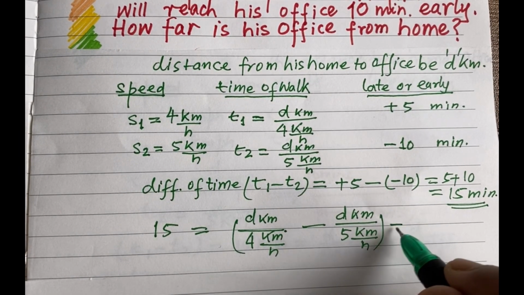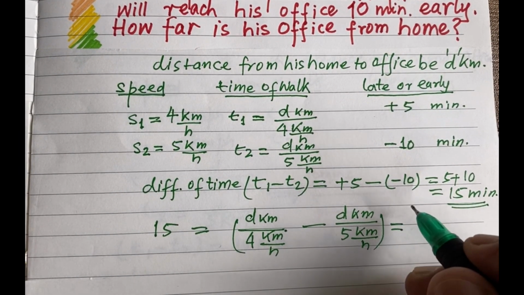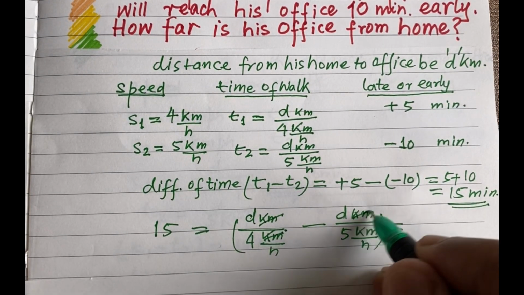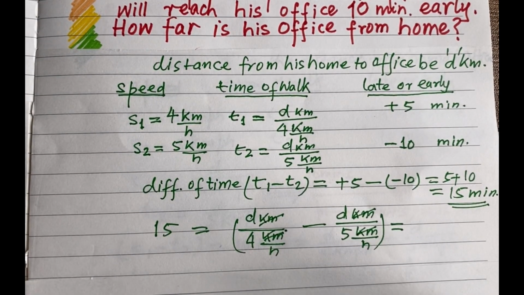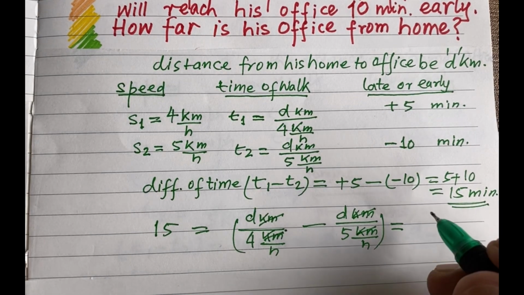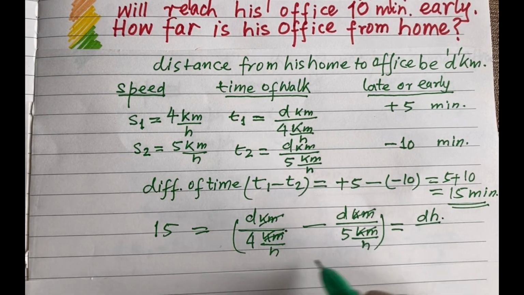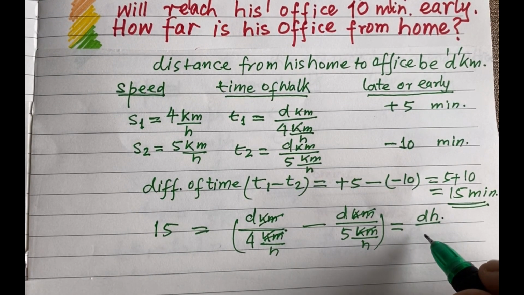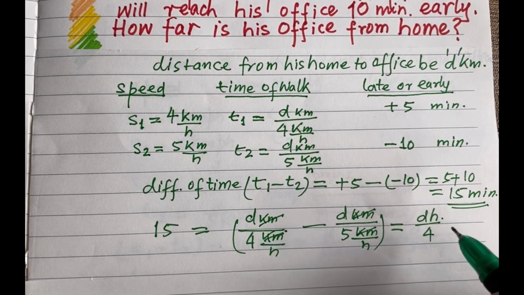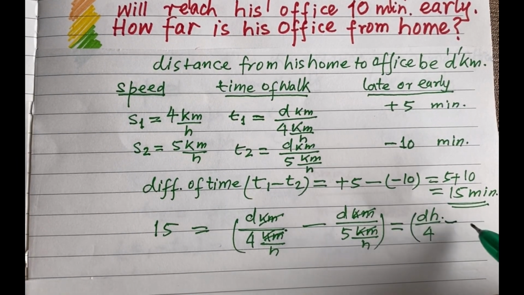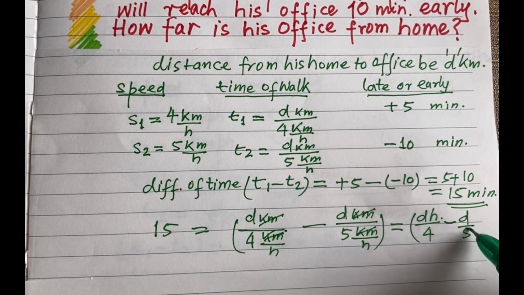So this becomes, here kilometer and kilometer get cancelled. So what we get? We get d multiplied by hours divided by 4, and here we get d divided by 5 multiplied by hours.